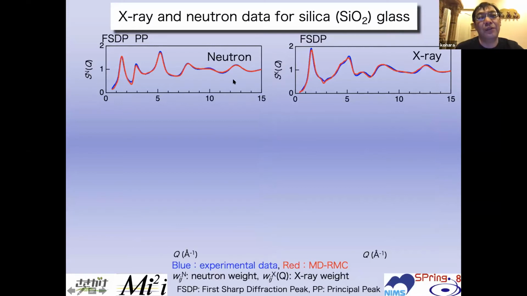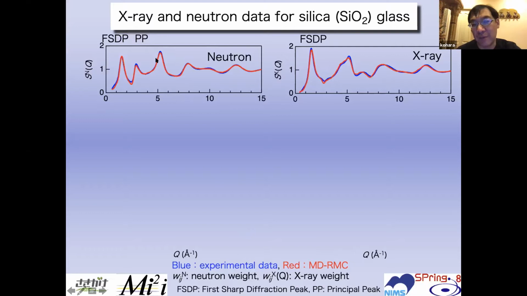Okay, so this figure shows a comparison between neutron diffraction and X-ray diffraction data for silica glass. Silica is the most famous glass forming material. This is neutron and this is X-ray, and blue is the experimental data. The red curves show combined molecular dynamics and reverse Monte Carlo modeling.